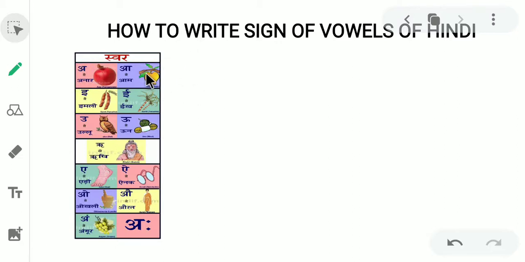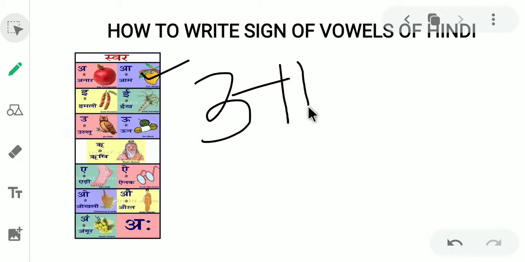Like if you have to write the sign of a, you can write the sign like this. Okay, so this is a sign of a, or in English it is known as T, not T. It appears like T. Okay, let me erase.